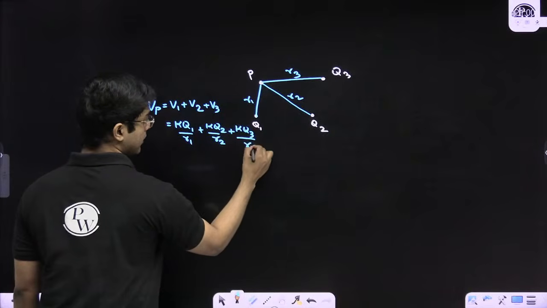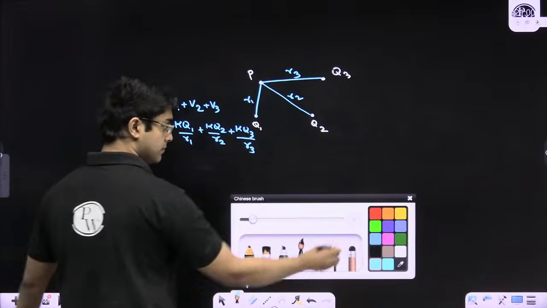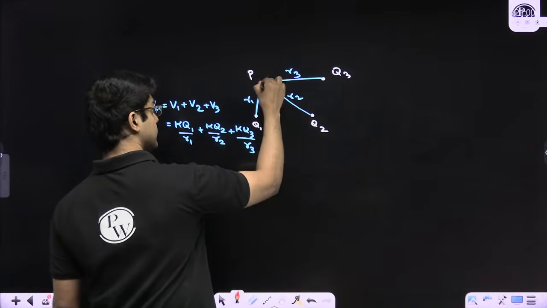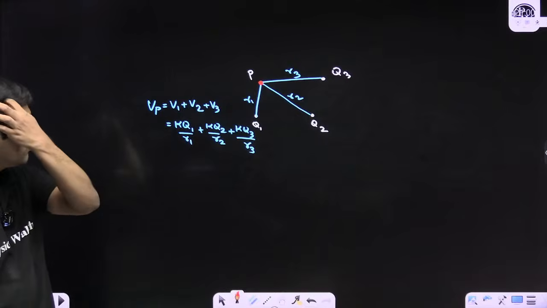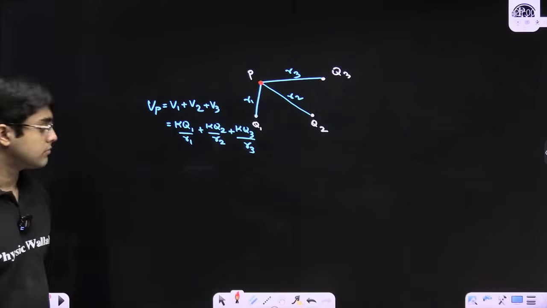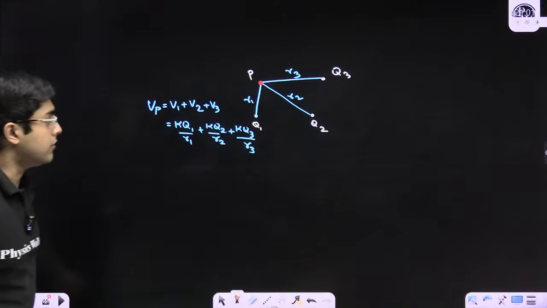Basically, just add up their individual potentials. As this is a scalar quantity, there's nothing to think about. You simply have to add them. If it was a vector, then you will have to do vector addition, like for the electric field.